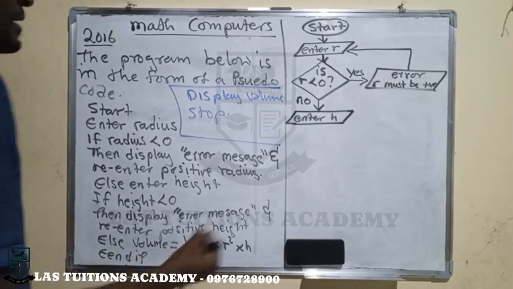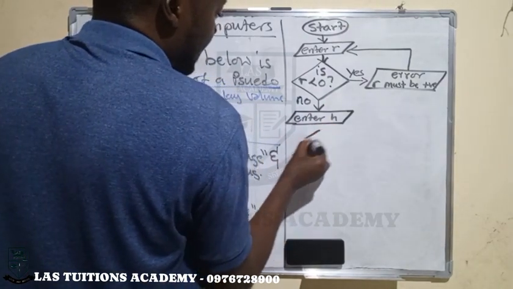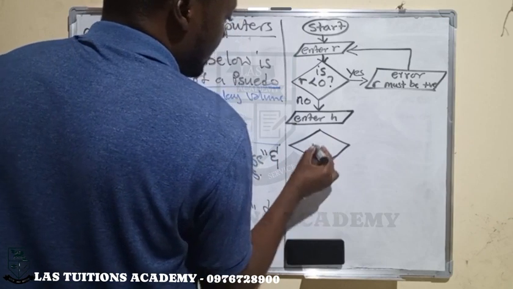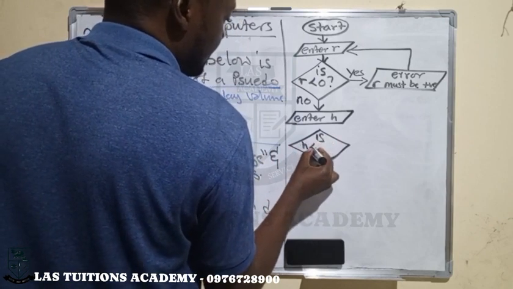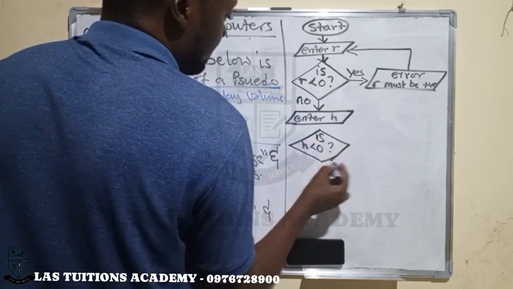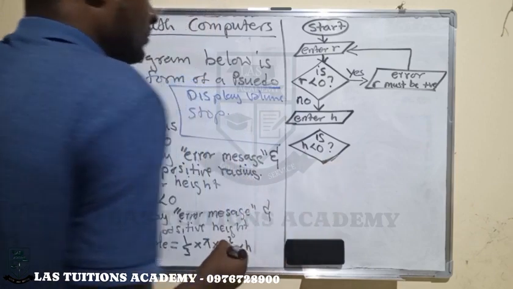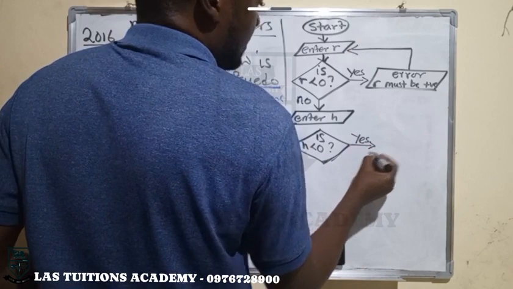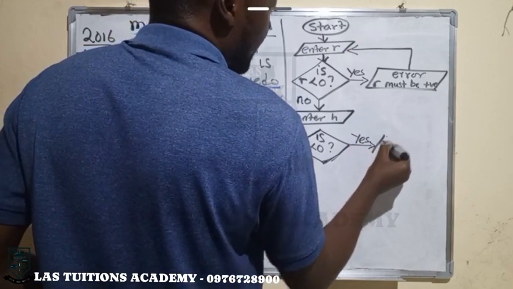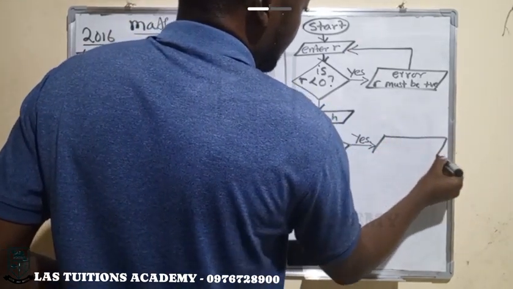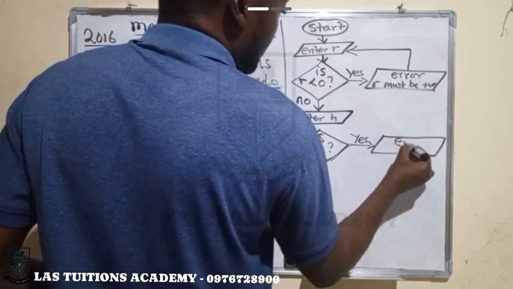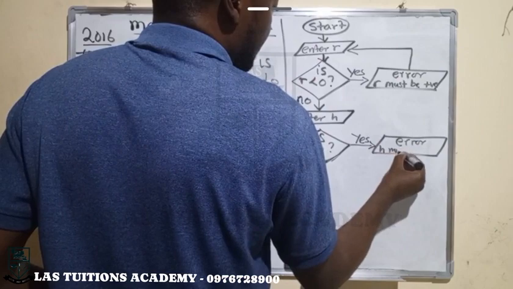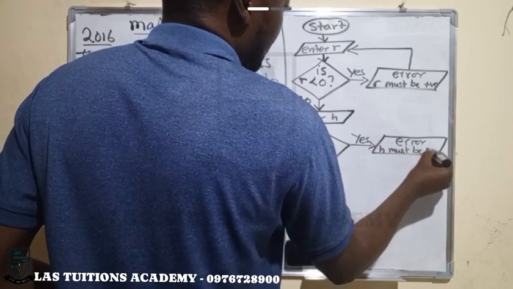So there should be a decision again here to be made. So I'm saying is h less than 0? Question mark. If yes, then we should display error. So we are saying h must be positive.